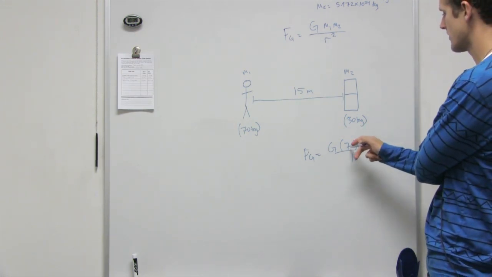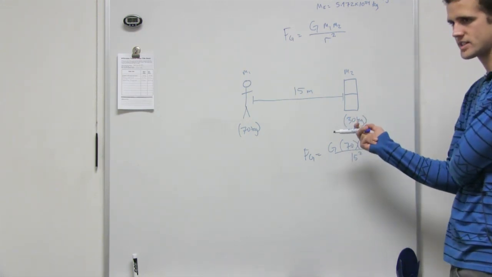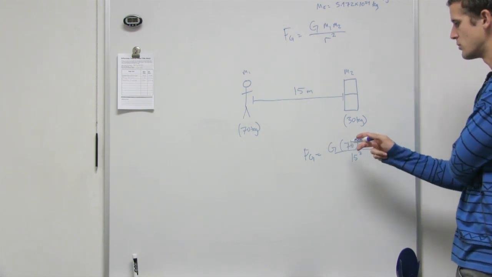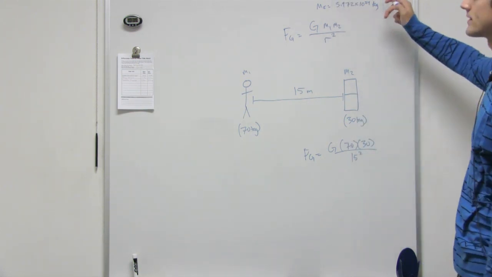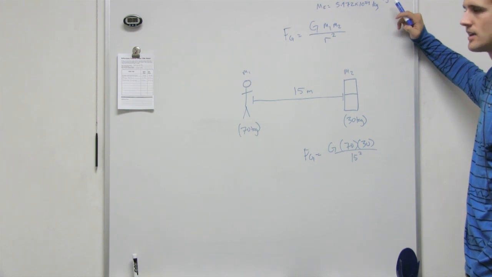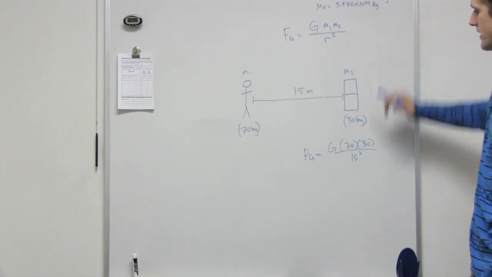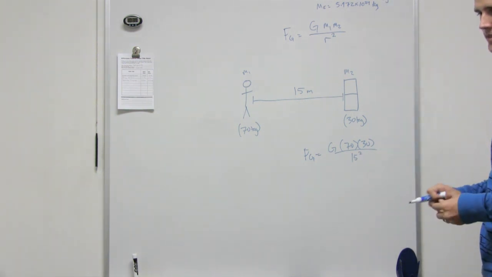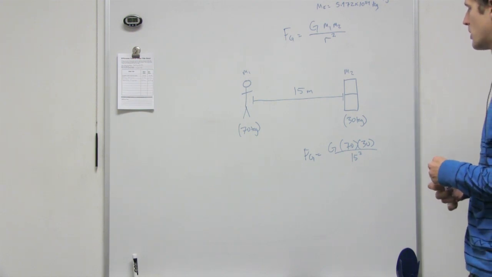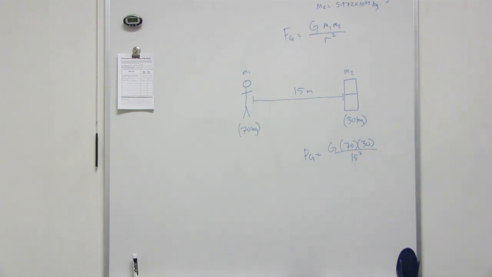So even though you have 70 times 30, which is 210, you multiply it by this tiny number, and you divide it by 15 squared. So it becomes so small. Let me see.